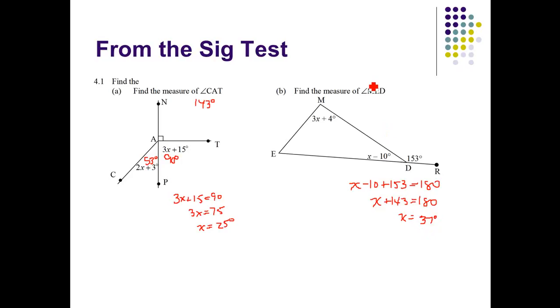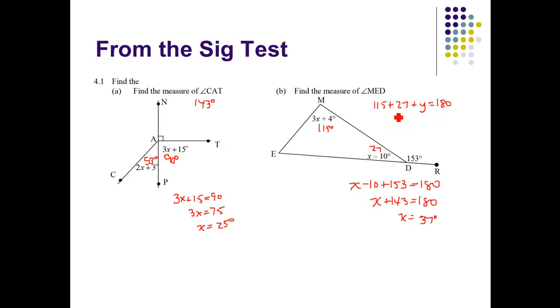Okay, so now I want to find the measure of angle MED. Well, let's fill in all the angles I do know. So if x is 37, that makes this angle here 27. Then I could do 37 times 3 plus 4, and I get 115 degrees up here. Then I've got 115 plus 27 plus, I'll just call it y for now, equals 180.